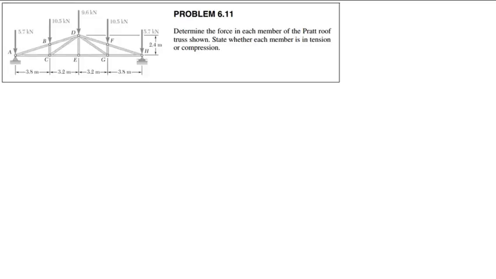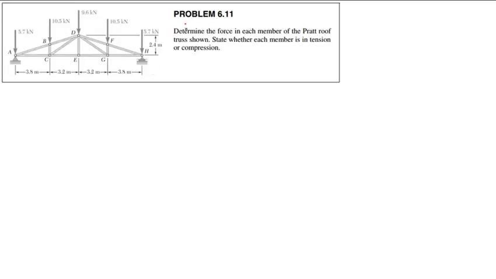So I'm simply going to add up all of these loads: 5.7 plus 10.5 plus 9.6 plus 10.5 plus 5.7. Let's see, just want to double check. Plus 9.6 is indeed 42.